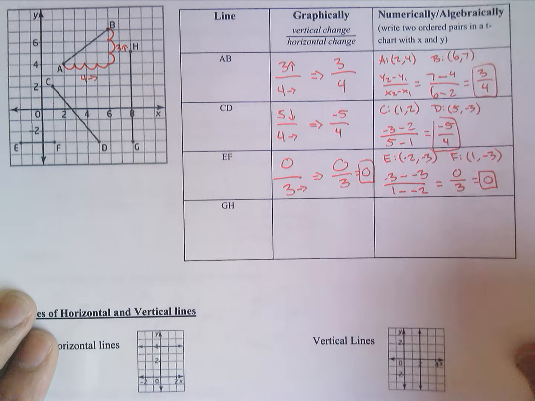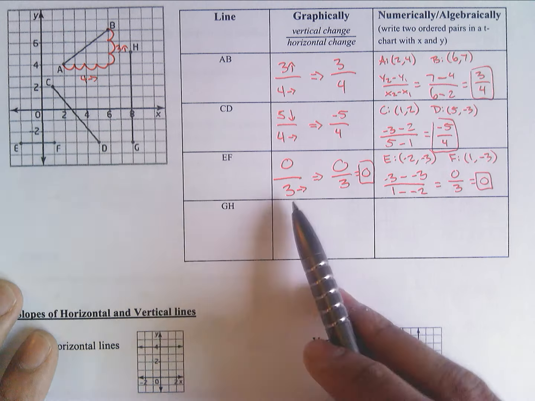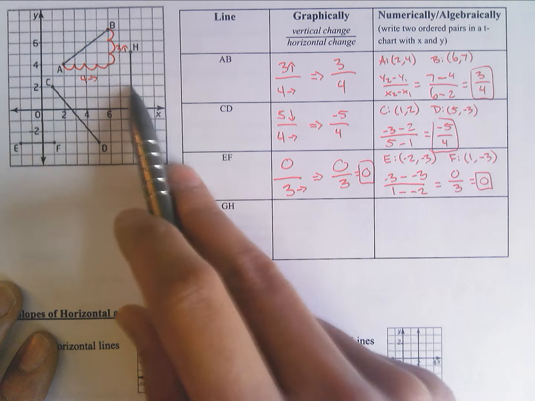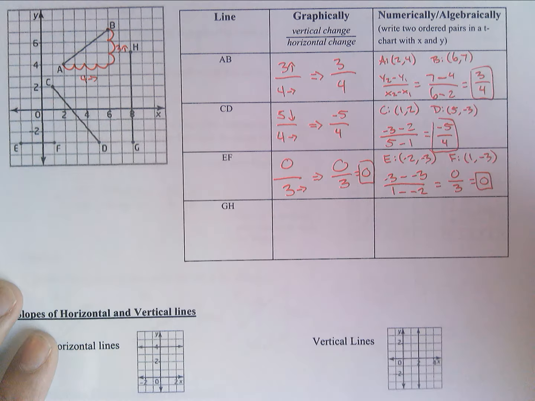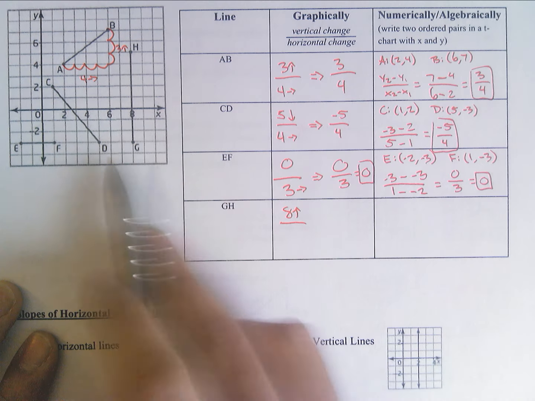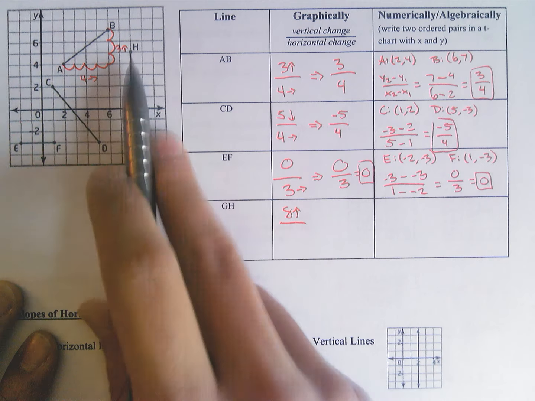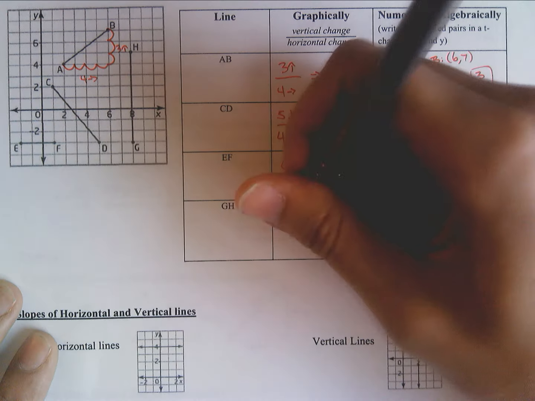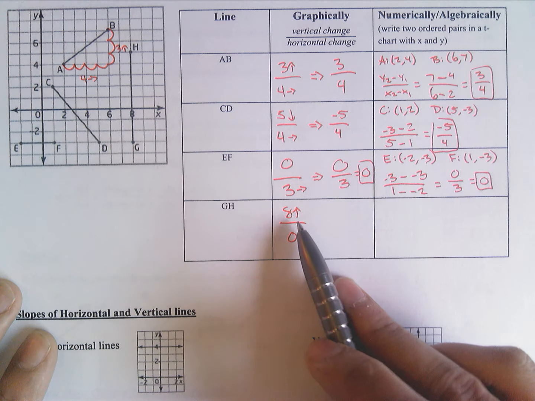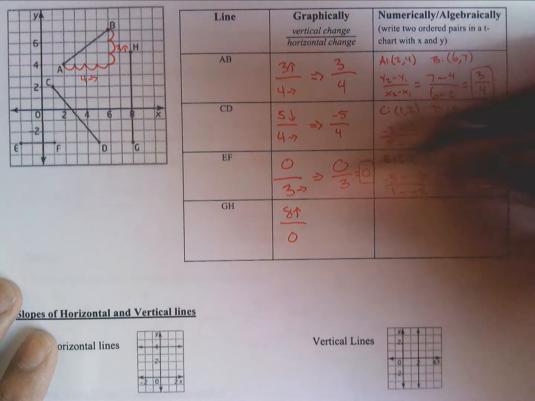So GH, well, the vertical change to go from G to H, we go up 1, 2, 3, 4, 5, 6, 7, 8. So we go up 8. And we don't go right or left at all. It's just up. So we can say that the horizontal change is 0. Well, up is the positive y direction, so we have 8 over 0.